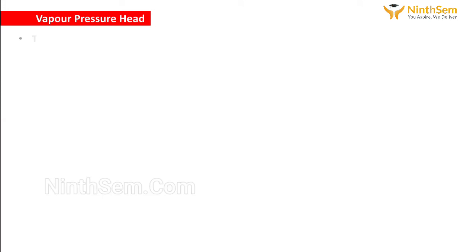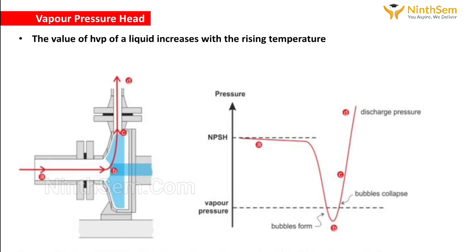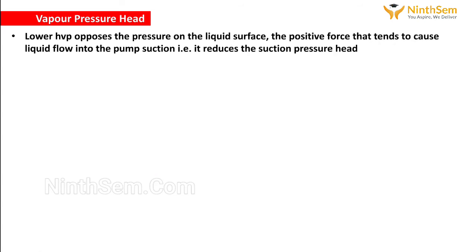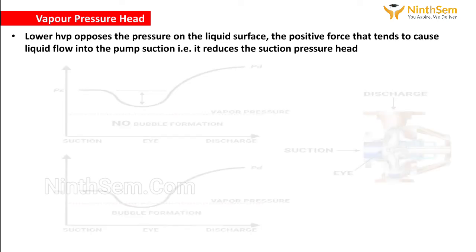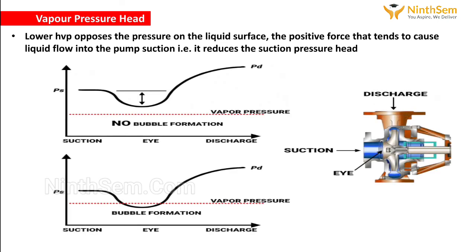The value of HVP of a liquid increases with rising temperature and in effect opposes the pressure on the liquid surface and the positive force that tends to cause liquid flow into the pump suction, that is, it reduces the suction pressure head.